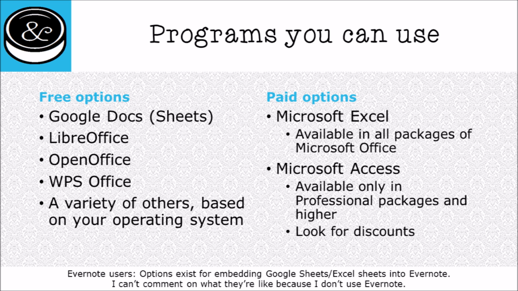Because my husband works for the government, he is able to get a professional package to Microsoft Office Professional for about $10, and that's how I originally came to start using Microsoft Access. So look for discounts if, based on some of the stuff I share today, that's something that interests you.